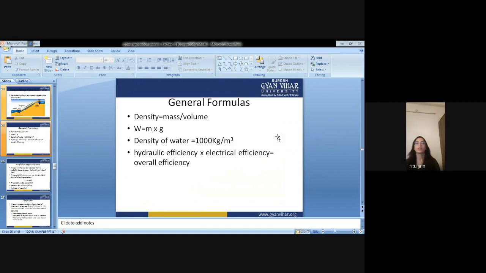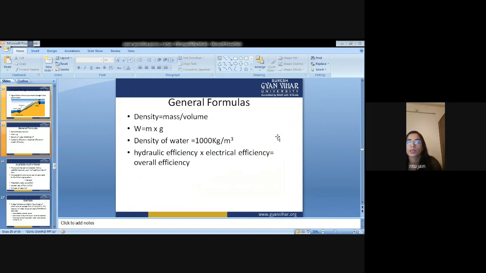Now, very important: how can we calculate the energy generated by water? There are some formulas by which we can calculate how much efficiency a hydropower plant has. In a thermal power plant we calculate the energy efficiency using two or three formulas, and similarly in a hydropower plant we have formulas to calculate the electrical energy.